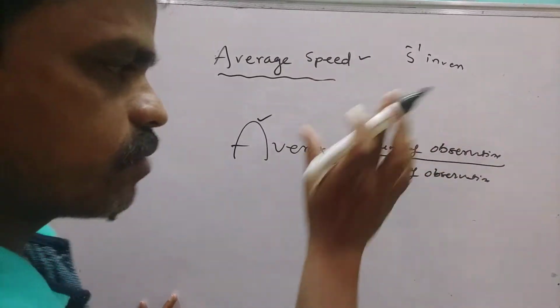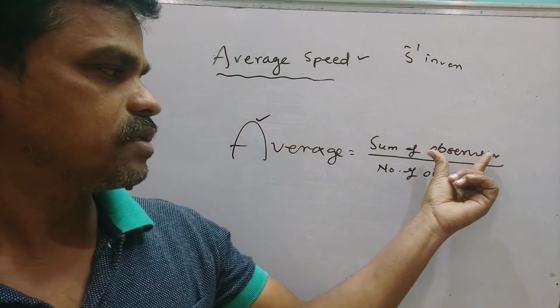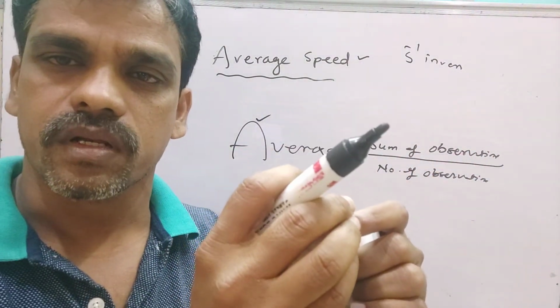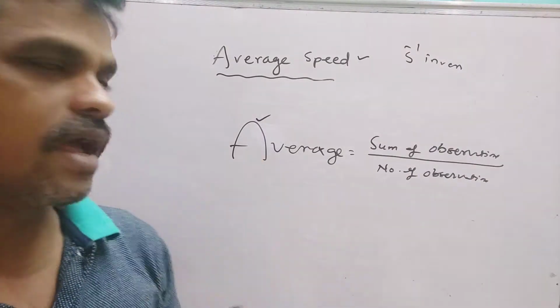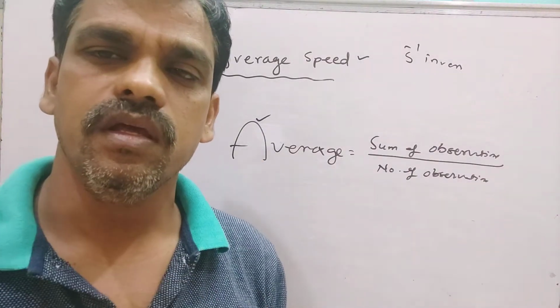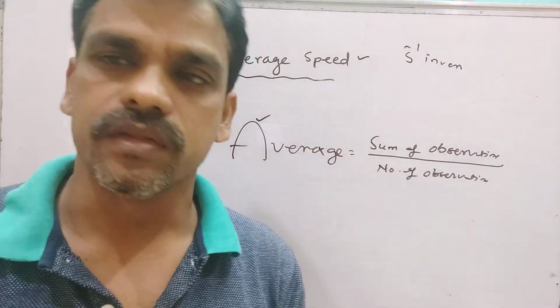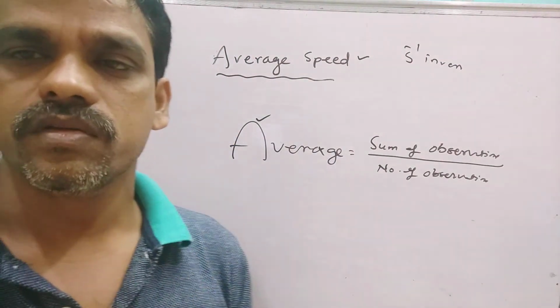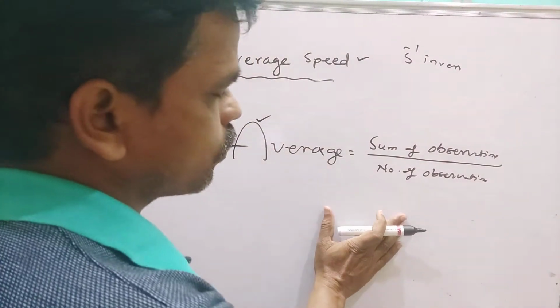The observations we have to add in the numerator, and then the number of observations we are adding, then we can get the average of any quantity. For example, average of temperature, average of length, average of time, like this. This is in lower classes.